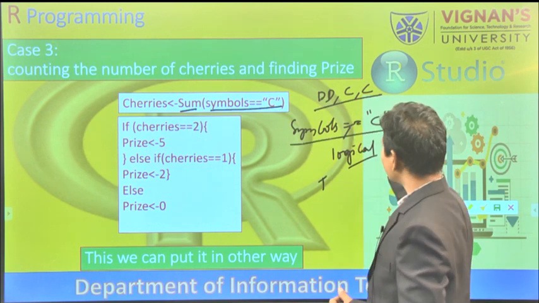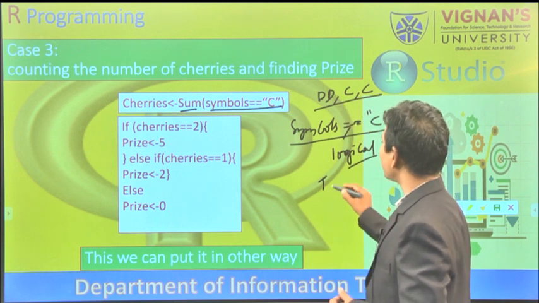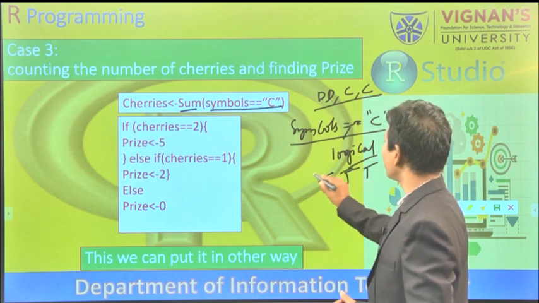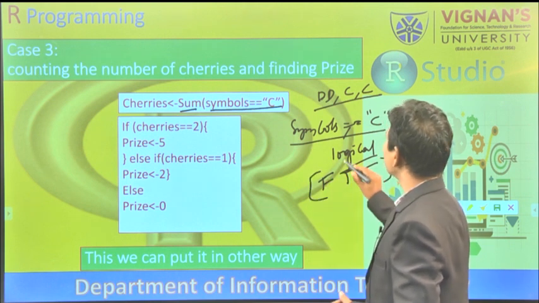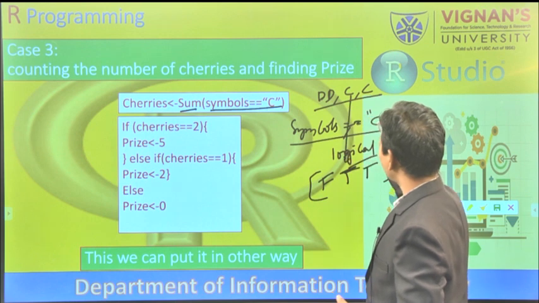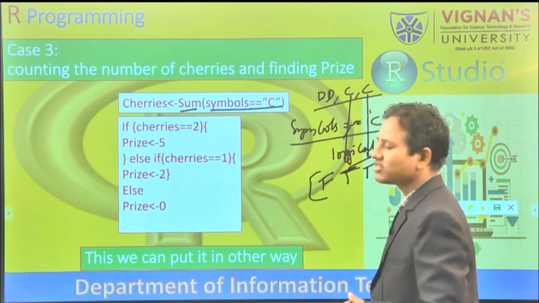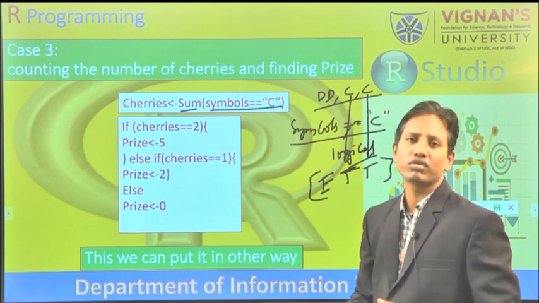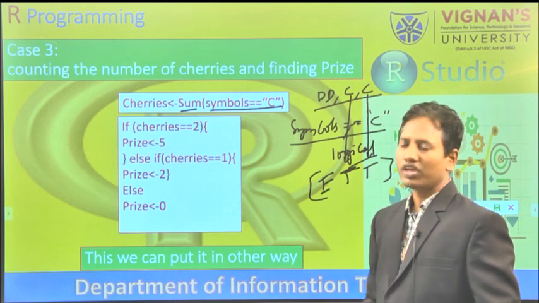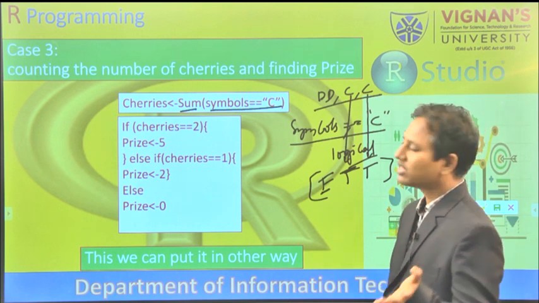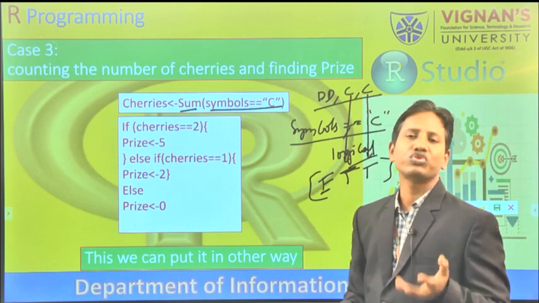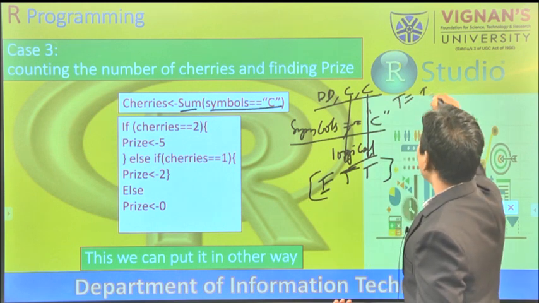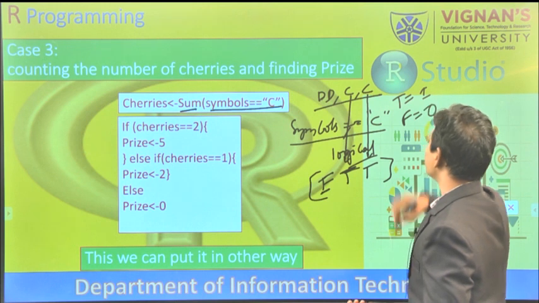So if I use this condition, the output is going to be false, true and true. It's going to give me that, because for this C it's going to give me 1 true, and for this C it's going to give me a second true, and for this DD it's going to give me false because it's not equal to C. And in R, these logical values are treated as numerical values, and the numerical values T equal to 1 and F equal to 0.